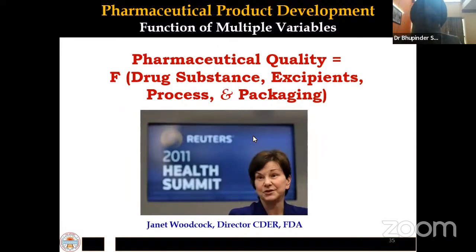She was the former director of CDER of FDA, and she was at the helm of affairs for more than a decade. She was a very familiar face not only in the US but the entire world because of her revolutionary understanding and implementation at the federal level.